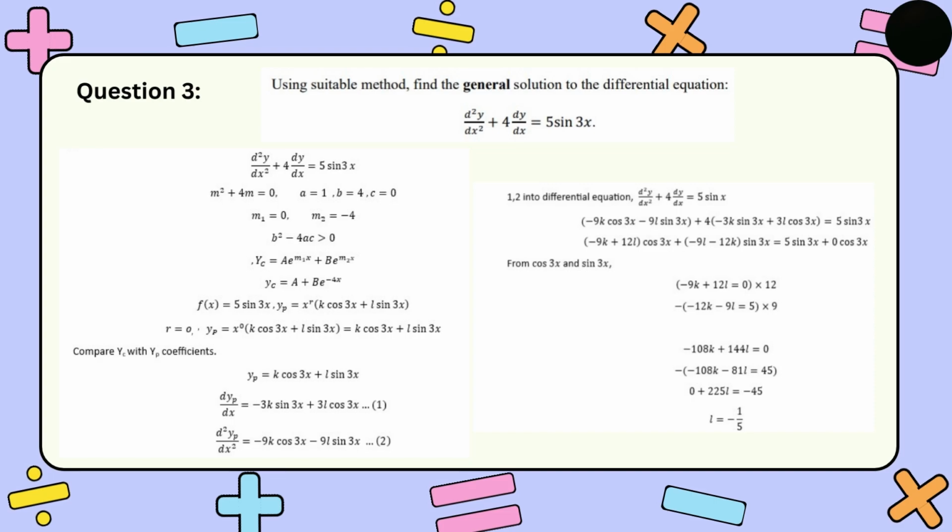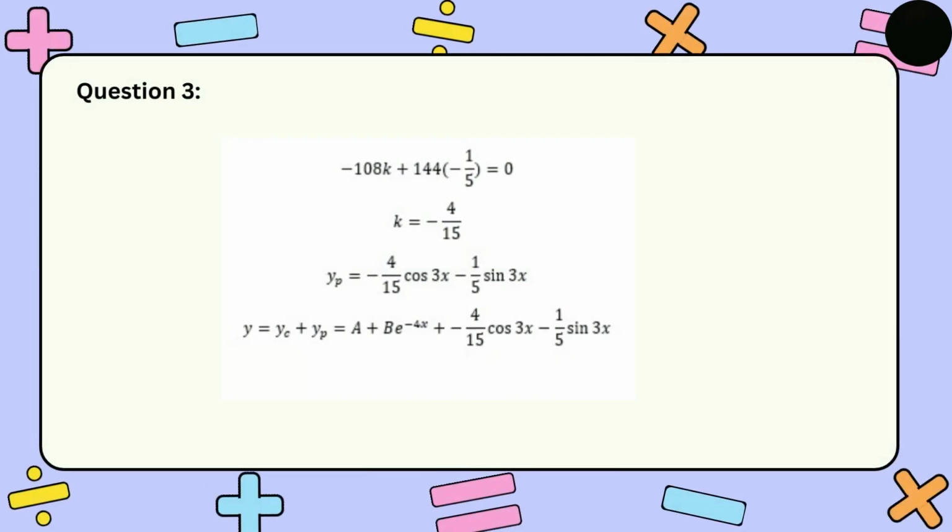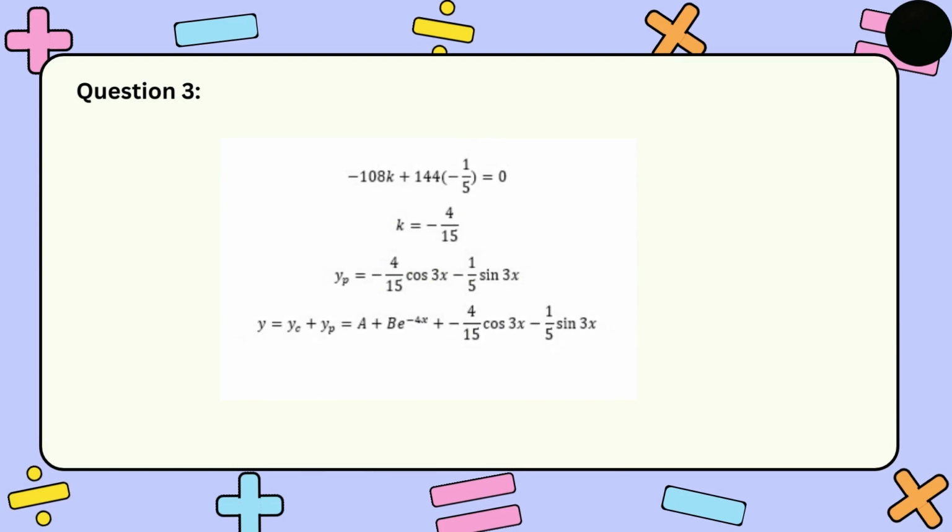After we do the subtraction, we will be left with 225l equal to negative 5, and then we will get l equal to negative 1 over 5. And then we substitute l with the value we have got, which is negative 1 over 5, and we will get k equal to negative 4 over 15.